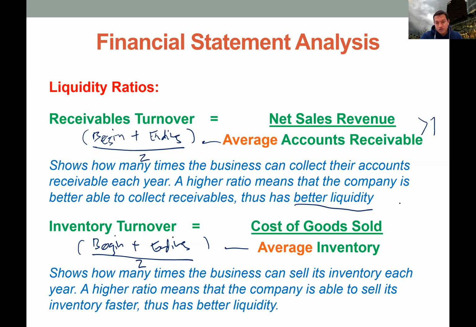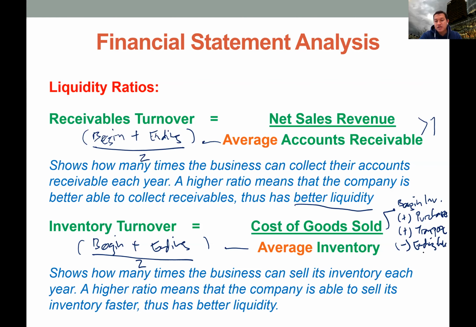The cost of goods sold, hopefully you still remember how to calculate this, is basically the beginning inventory, plus any purchases of inventories, plus transportation costs, if any, and then minus the ending inventory.